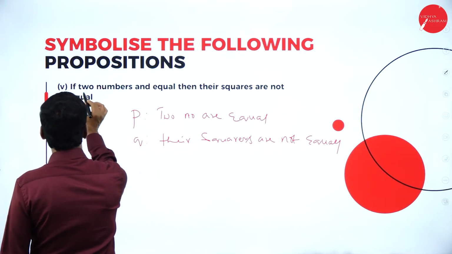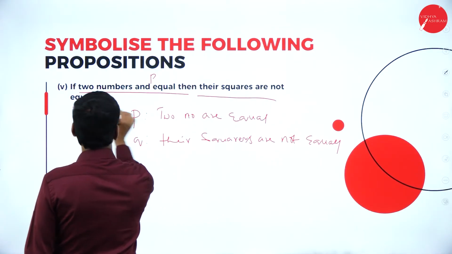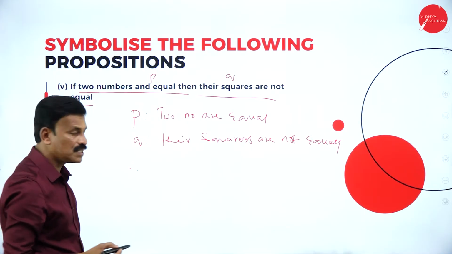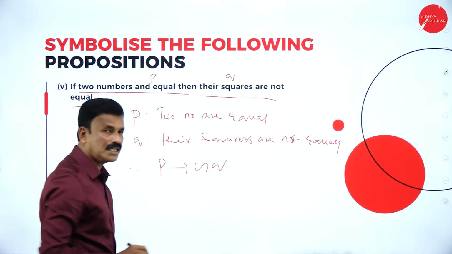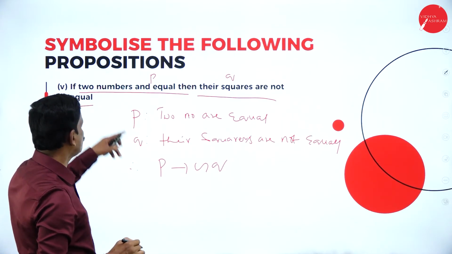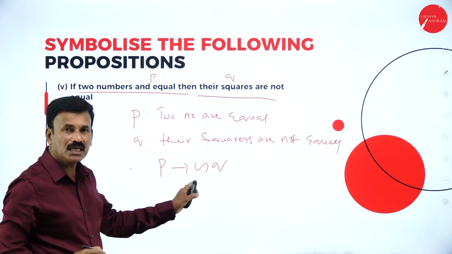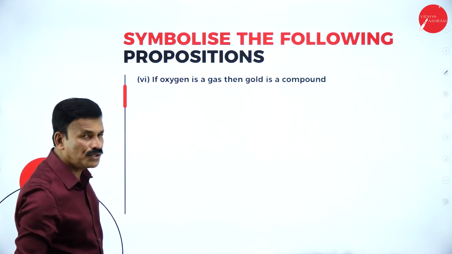That is nothing but this. Two numbers are equal is P, their squares are not equal is Q. So therefore here the conditional statement is connected with a negative, that is negation. So if two numbers are equal, then their squares are not equal, means P conditional to negation Q. Move on to the next problem.